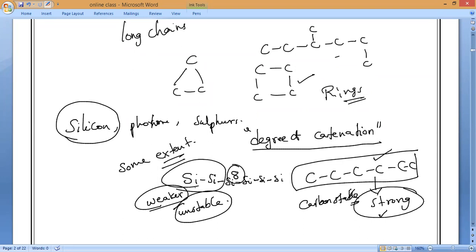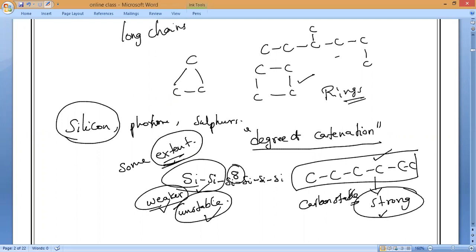But silicon, phosphorus, sulfur might also show catenation, but only to some extent. After that, the chain automatically breaks because the bond formed by them is very weak and they are unstable in nature.